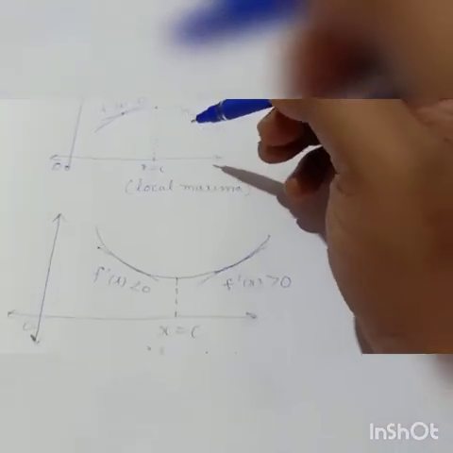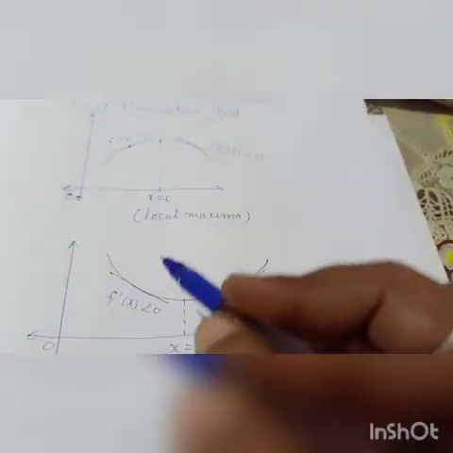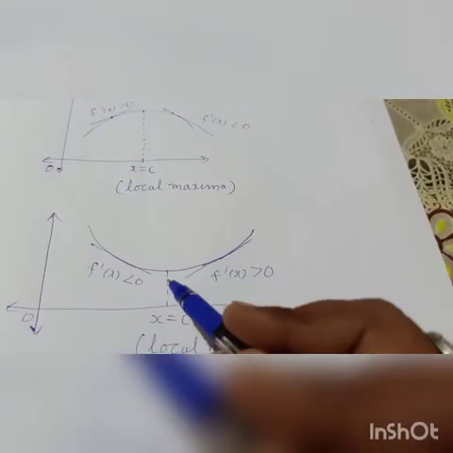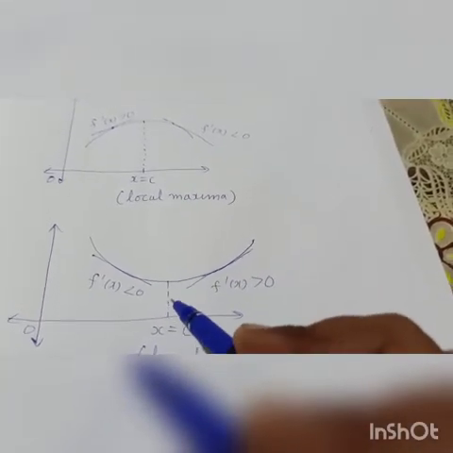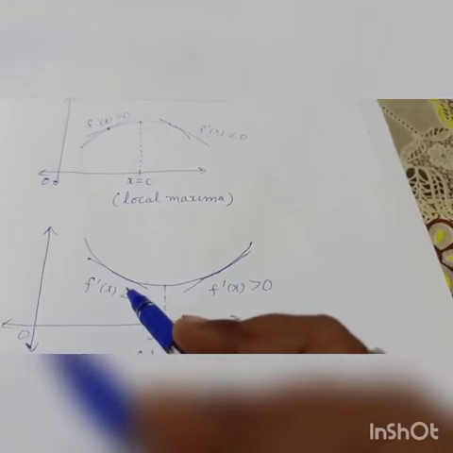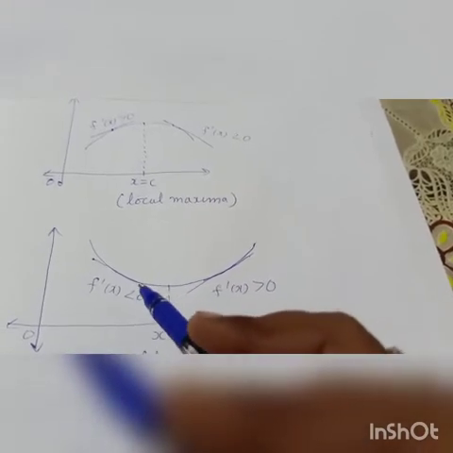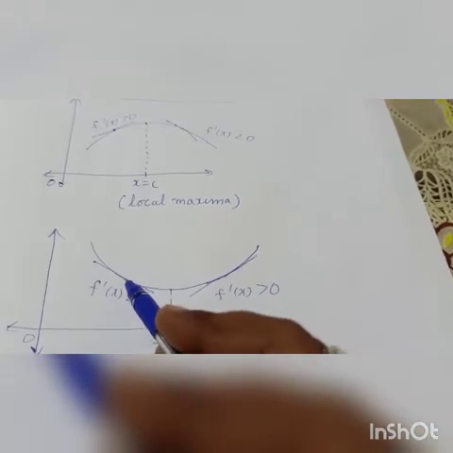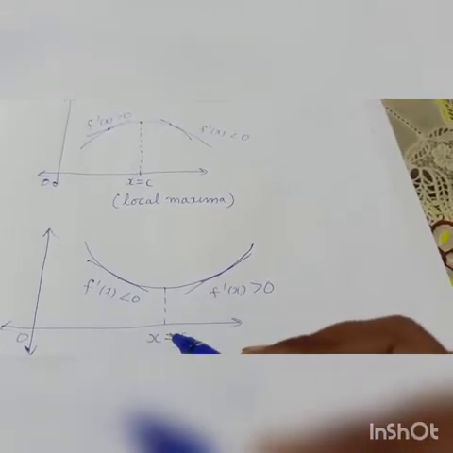Now if you see the second situation, there is the curve y equal to f(x), and this is the point x equal to c, with a point sufficiently close to c.